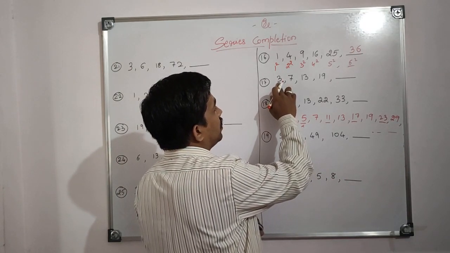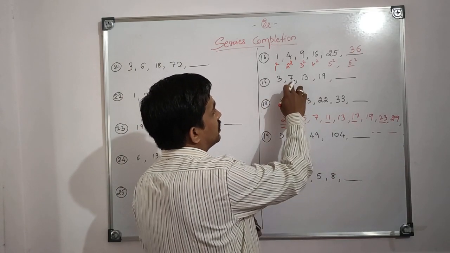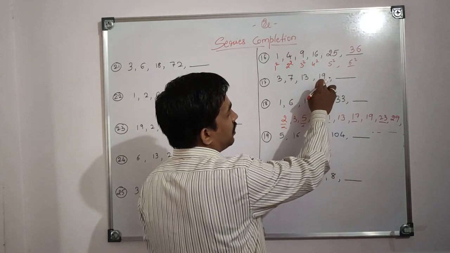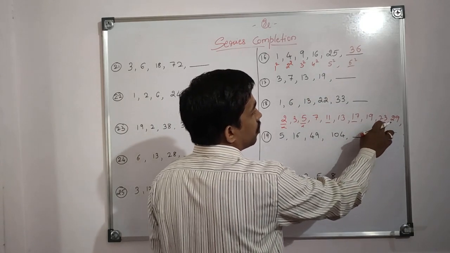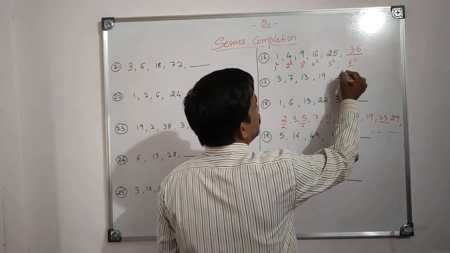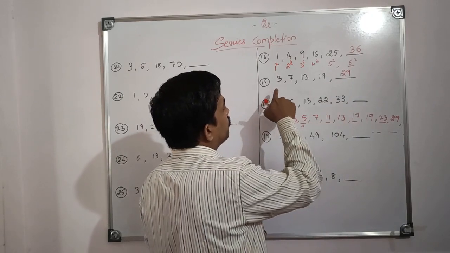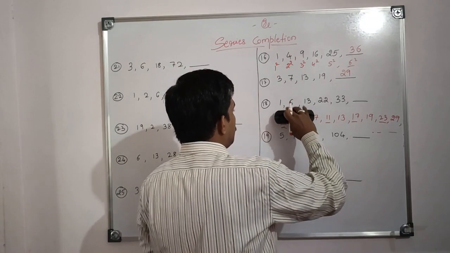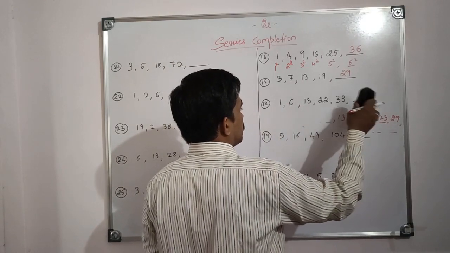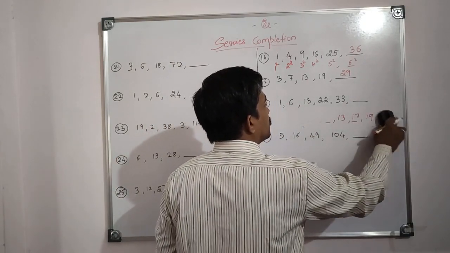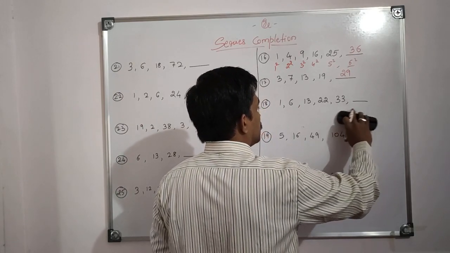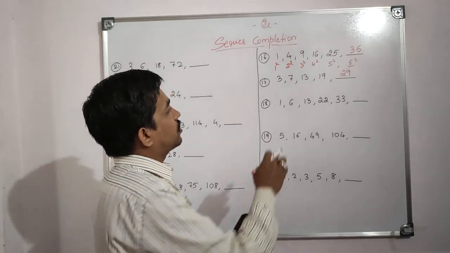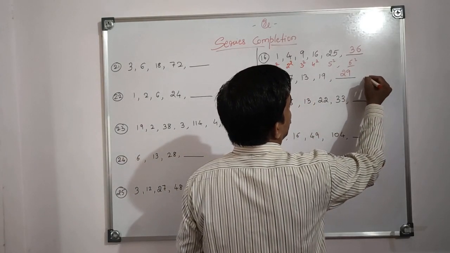So 3, 5 is not there, 7, 11 is not there, 13, 17 is not there, 19, and then we should not take 23, it should be 29. So prime numbers leaving one place inside. These all are alternate prime numbers.